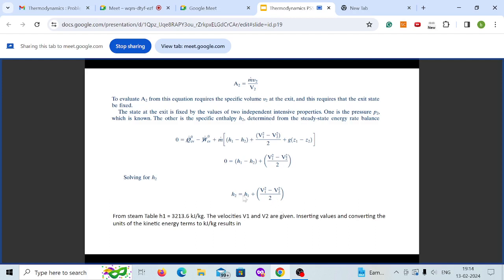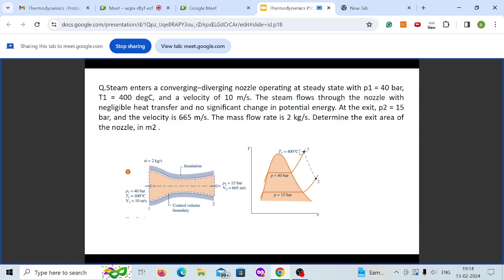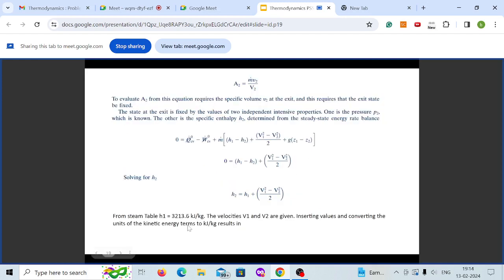From this being a steam, from the steam table corresponding to 40 bars and 400 degrees Celsius, we will find that enthalpy is 3213.6 kilojoule per kg. So you know enthalpy 1, you know velocity at state 1, you know velocity at state 2.